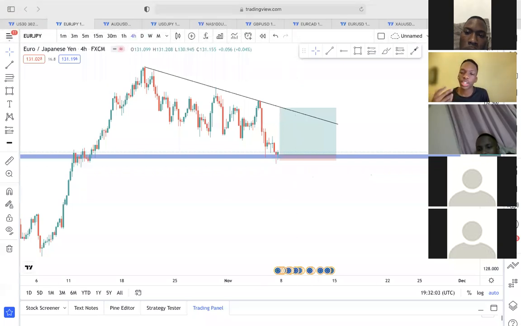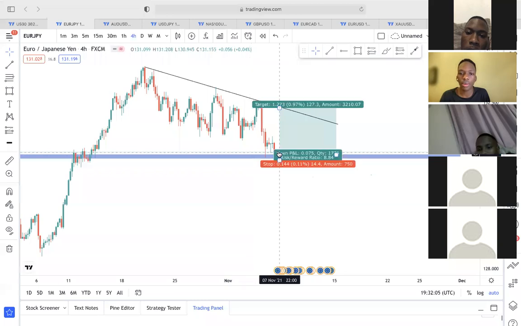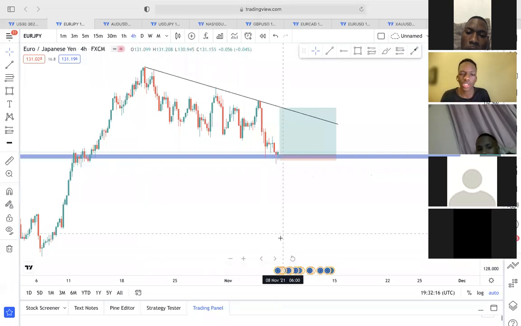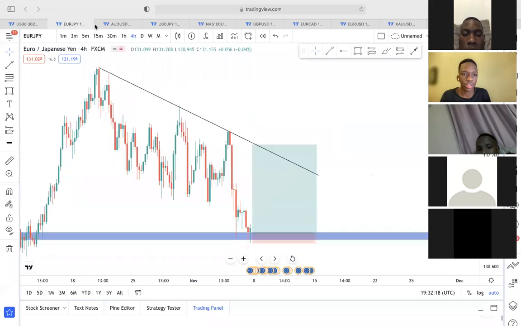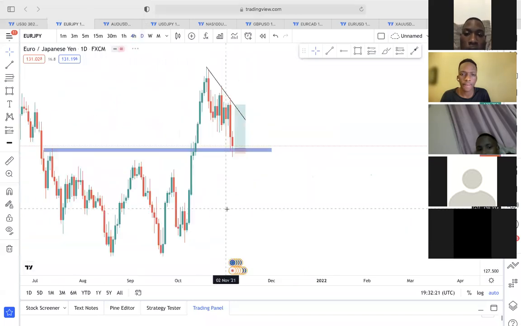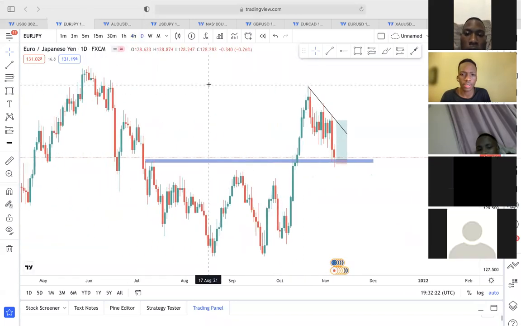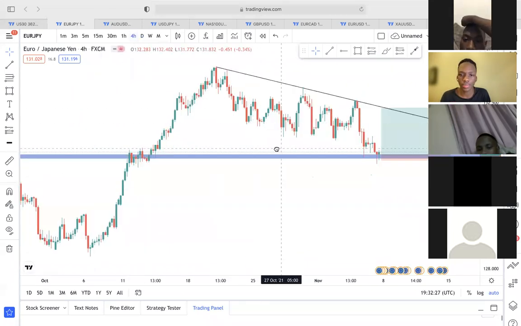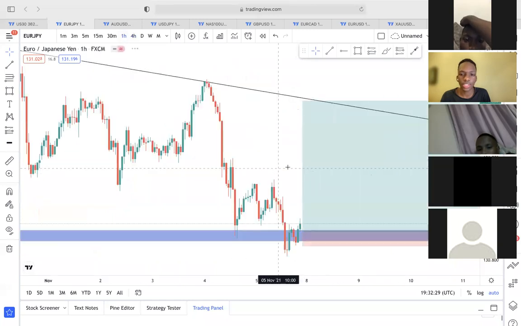Guys, I trade trend lines. I'm anticipating it to move from this trend line to the other trend line. I'm not saying there's anything wrong with people who set targets like numbers and everything, but I look at structure, you know what I mean? So yeah, let me just zoom out. So I'm anticipating buys on Euro JPY, simple breakouts and retest.